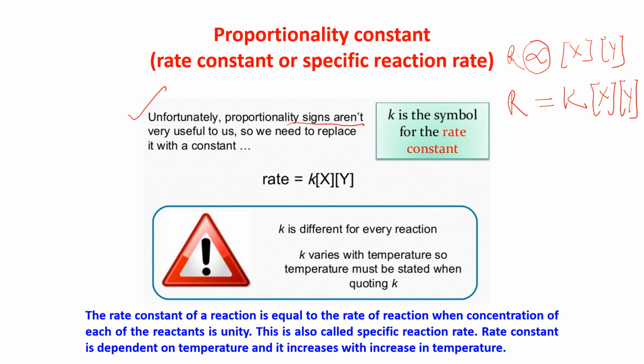K is the symbol for rate constant. So rate can be written as K[X][Y].